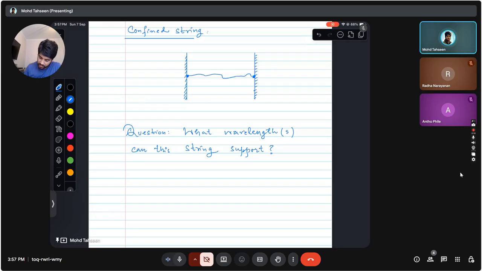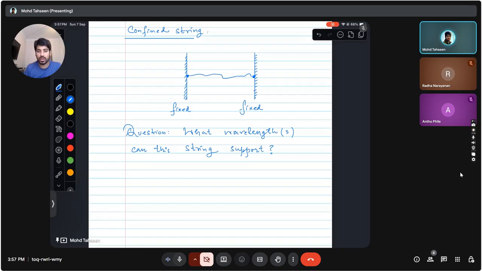Yes, it will change. What happens is the string is fixed at the two ends, right? It's fixed and fixed. So these two will always be the nodes of the wave shape. Nodes are points of no displacement, points of zero displacement.